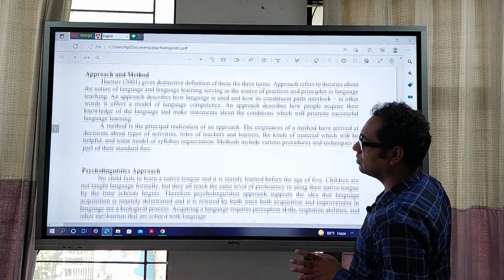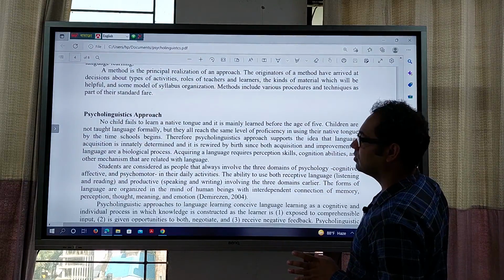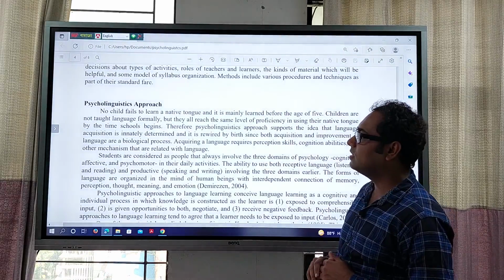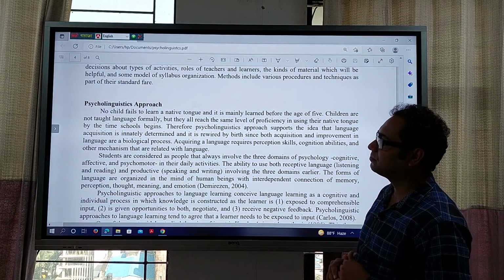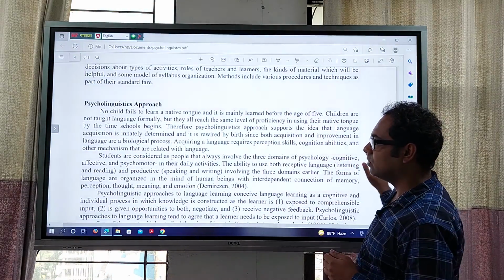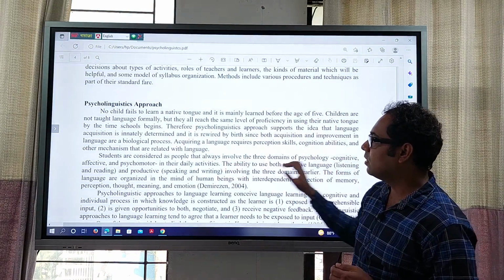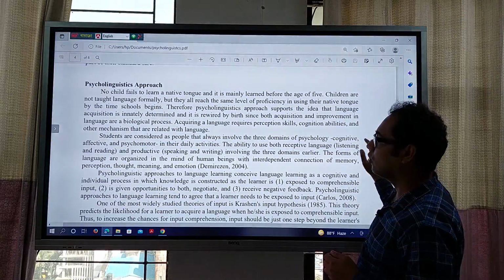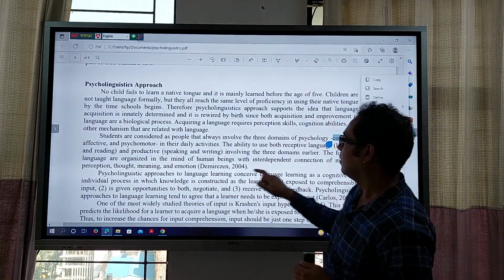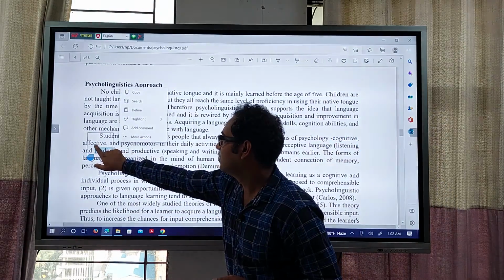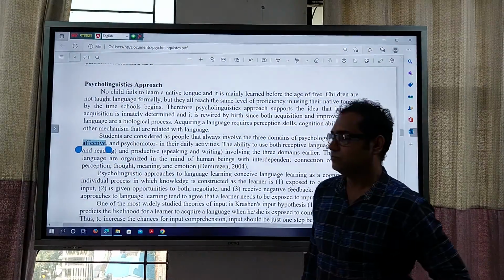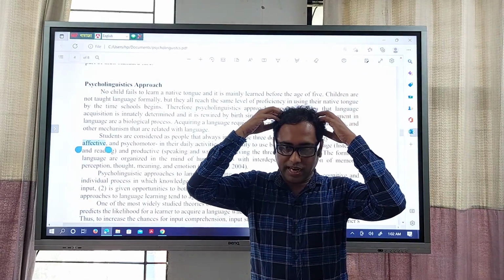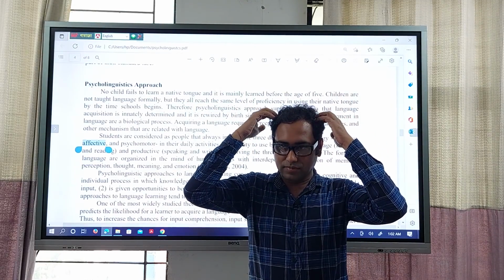Now let us come to the psycholinguistic approach. No child fails to learn a native tongue, and it is mainly learned before the age of 5. That is for sure. Students are people who always involve 3 domains of psychology: cognitive, affective, psychomotor, and left hemisphere and right hemisphere brain.